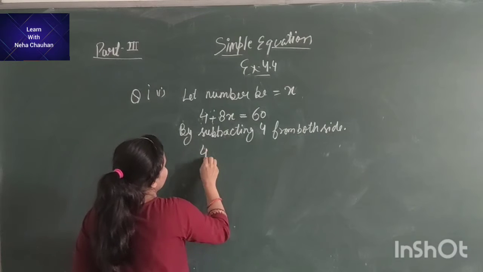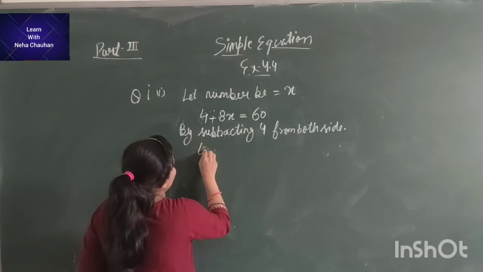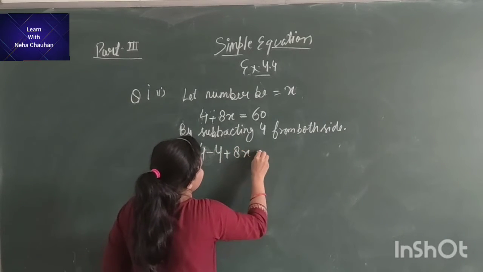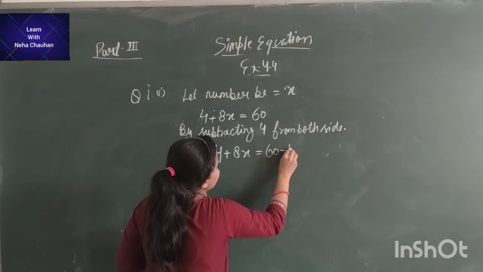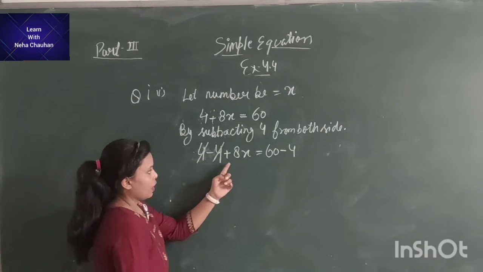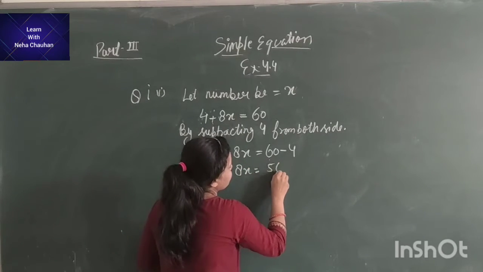So 4 minus 4 plus 8x is equal to 60 minus 4. The 4 and 4 get cancelled and here we get 8x is equal to 56.